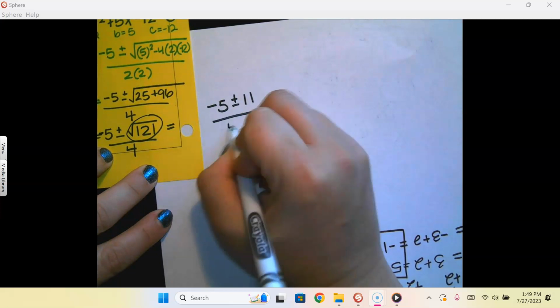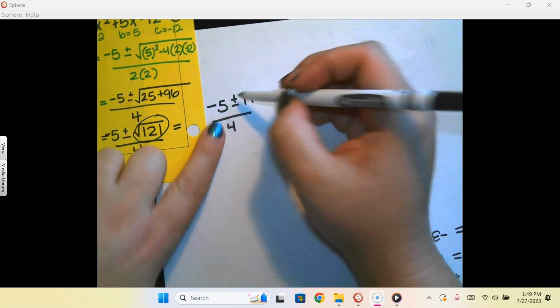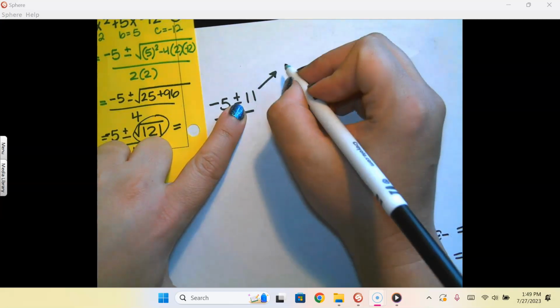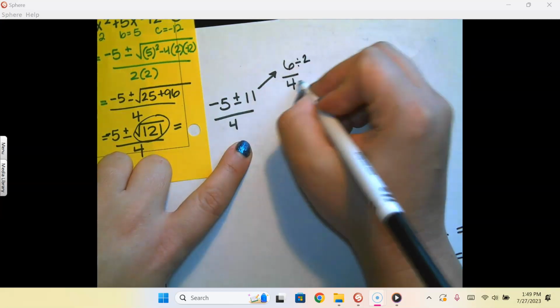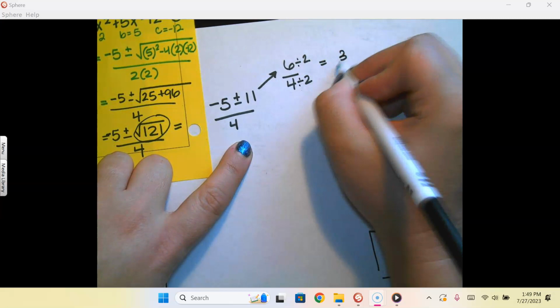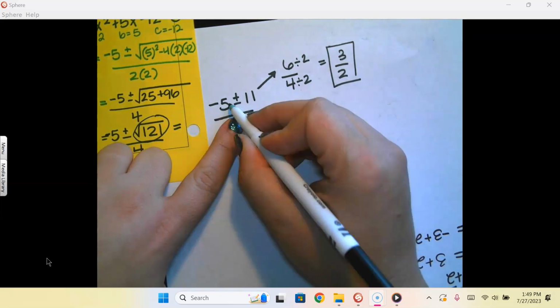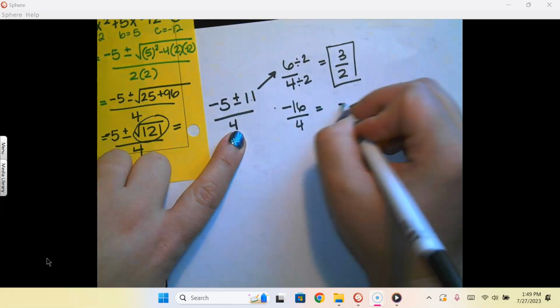So we would have negative 5 plus 11. So negative 5 plus 11, that would be 6 divided by 4, and then 2 goes into both of these, so we'd get 3/2. And then we would do negative 5 minus 11, that's negative 16/4, which is negative 4.